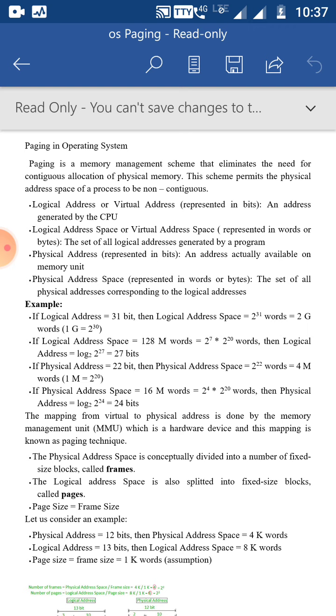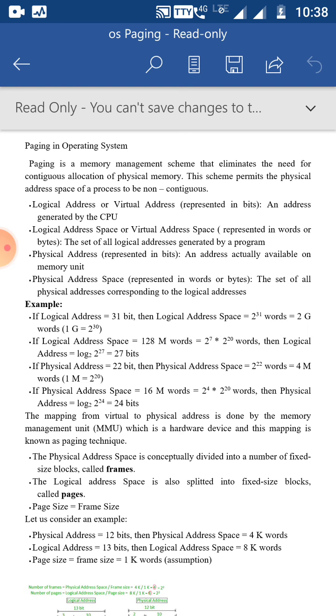So the address 12 is divided into 2 components, that is page number and page offset. Very clear? For the logical address 12, it refers to page number 1, isn't it?